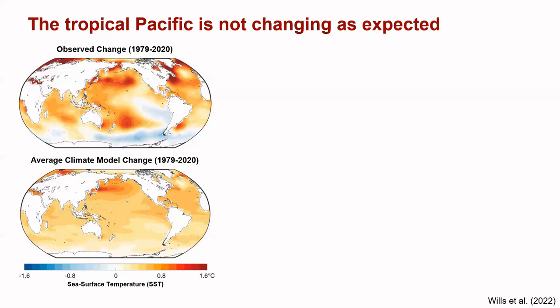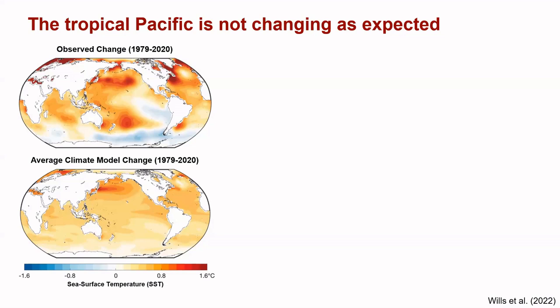So basically the average climate model response over this period in hindcasts looks much more spatially uniform, a bit of eastern intensified warming compared to the observed changes, which have this East Pacific cooling that extends also into the Southeast Pacific, into the Southern Ocean, and then Western Pacific warming, and also into the Indo-Pacific. So quite a different pattern of SST change.